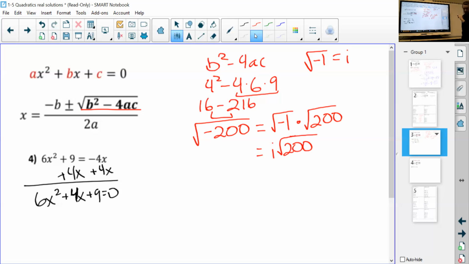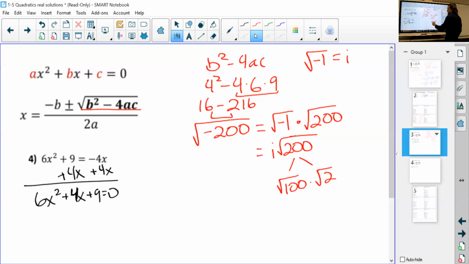Okay? And now what we need to do is simplify this as much as we can. That's why we skipped to number 4, because for the first 3 you don't have to worry about this too much. So I need to think, what perfect square can I take out of 200? And hopefully you think to yourself, well, the square root of 200 is the same as the square root of 100 times the square root of 2.